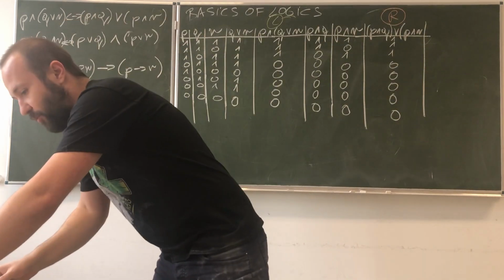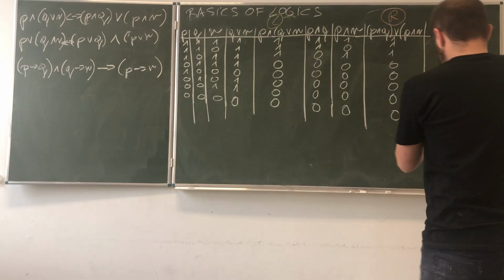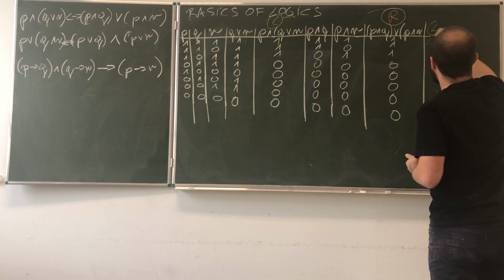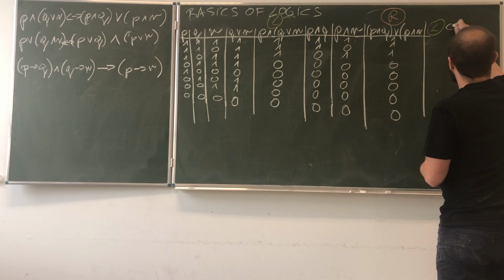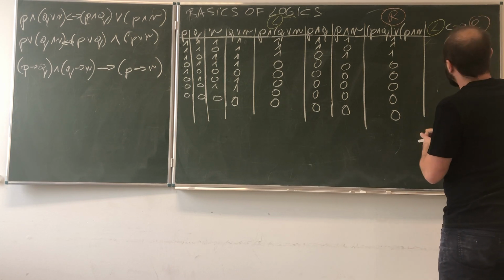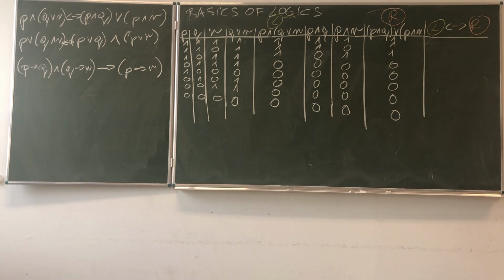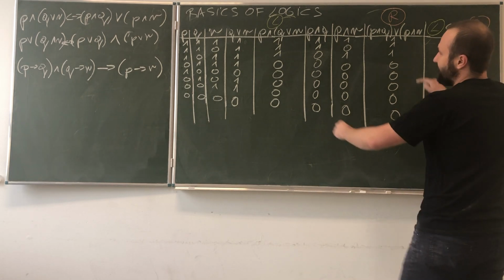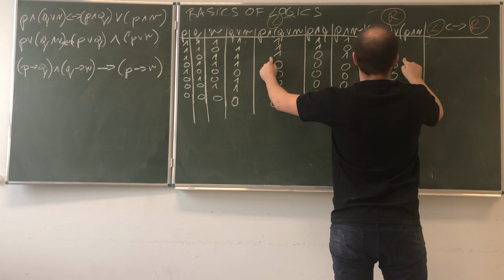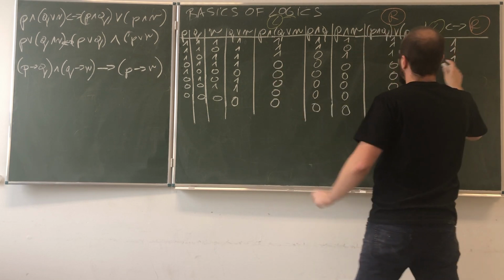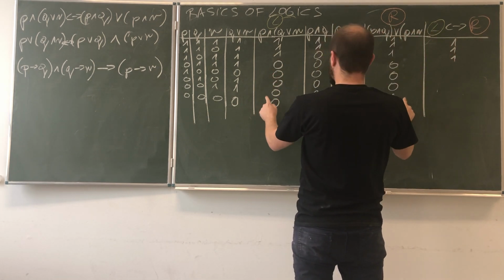So now we need to check if logical values on the left-hand side and the right-hand side are the same. So if I do so, if I just check 1, 1, 1, and then look, I've got 0, 0, 0, 0, 0.